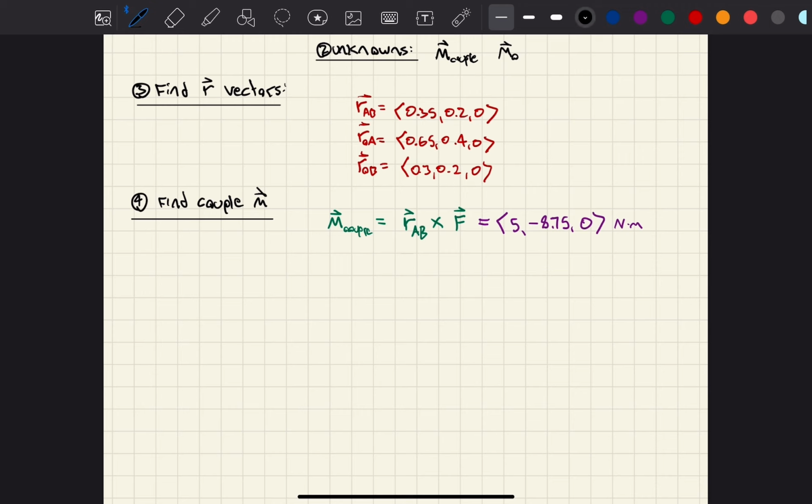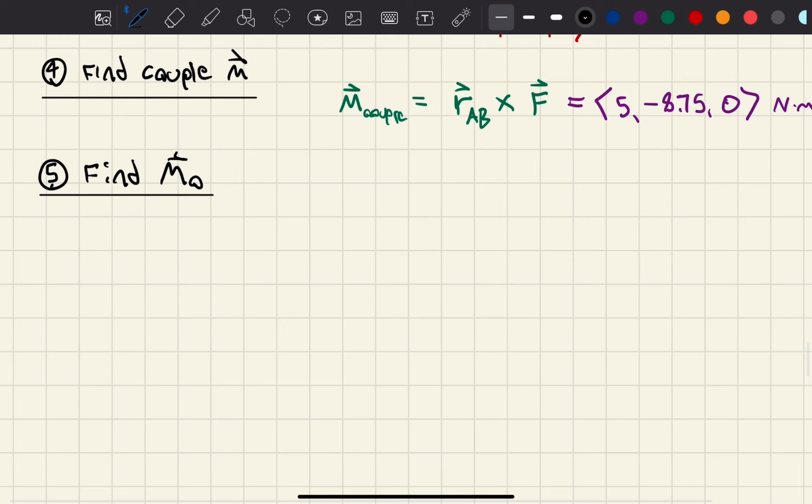Part B, it wants us to do, as we said, all this extra stuff. So it says find the moment with respect to point O. And as we said, that formula is simply M with respect to point O is equal to the position vector from O to point A cross the negative force, and I'll explain that in just a second by going back to the diagram, plus the position vector from O to point B cross the positive force.